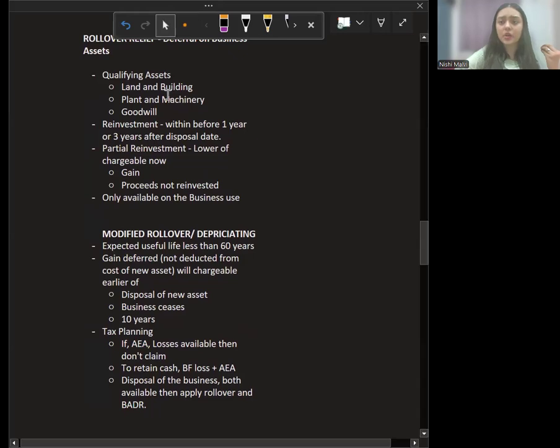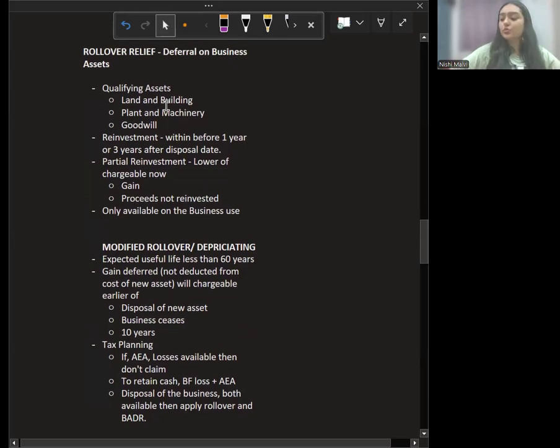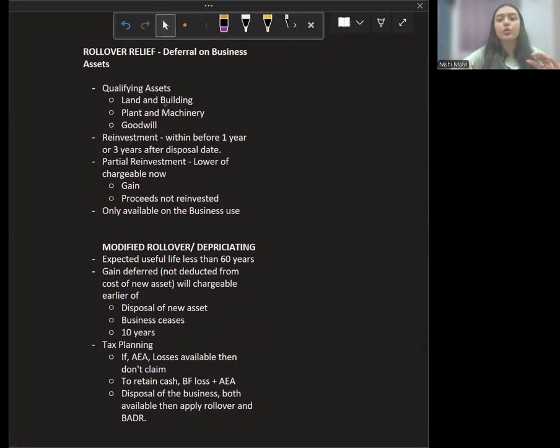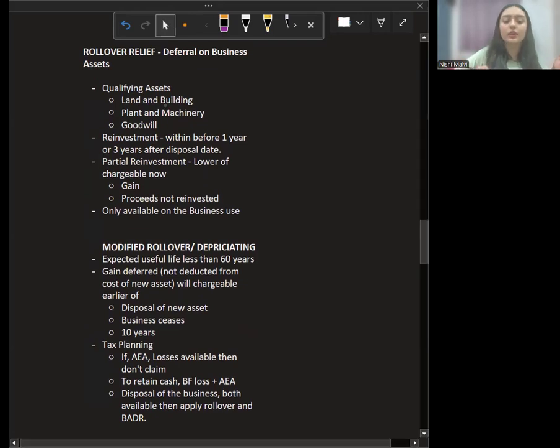All right, let's start. You get rollover relief on the qualifying assets. Qualifying assets are land and building, plant and machinery, and goodwill. Whenever you are selling a qualifying asset, and you are reinvesting the proceeds, then you can claim the rollover relief.